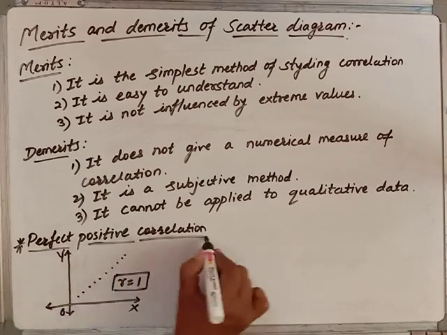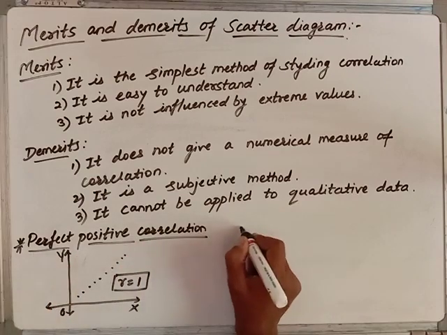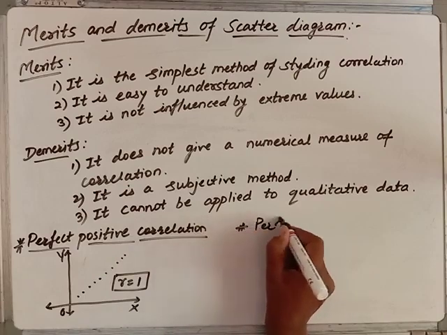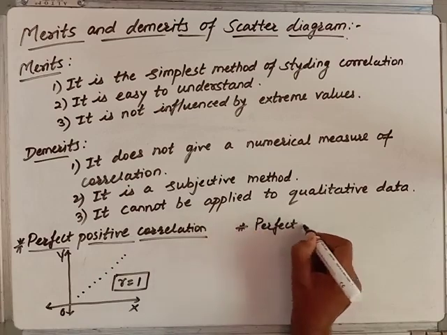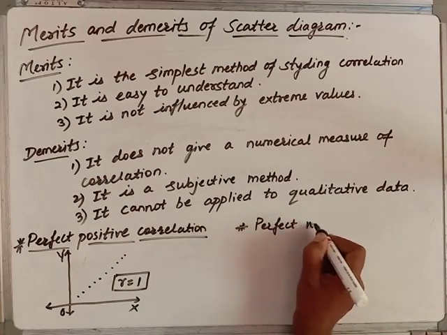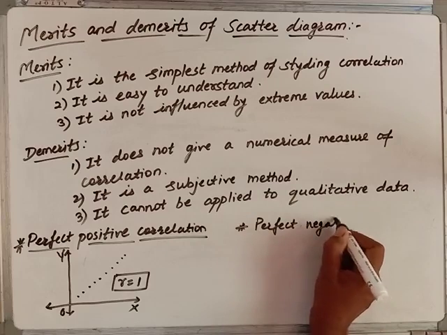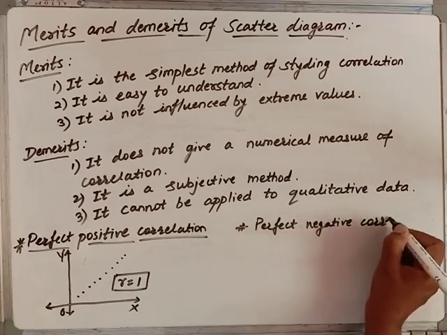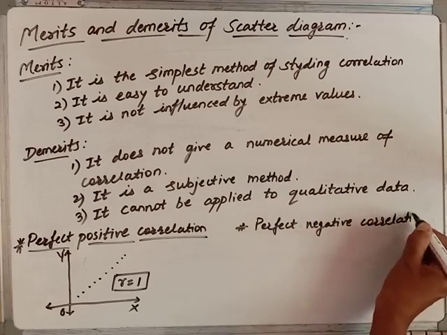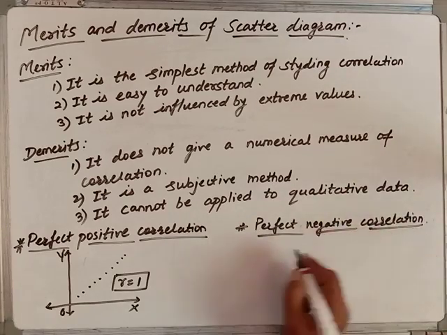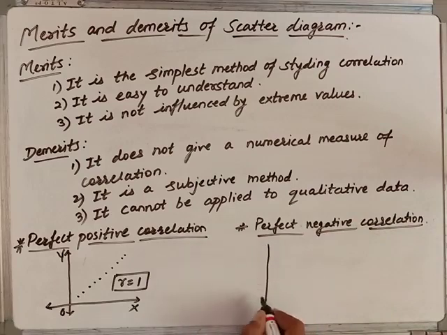Perfect positive correlation. Then the other one, perfect negative correlation. So how does it look?